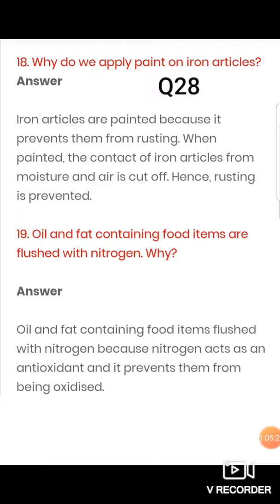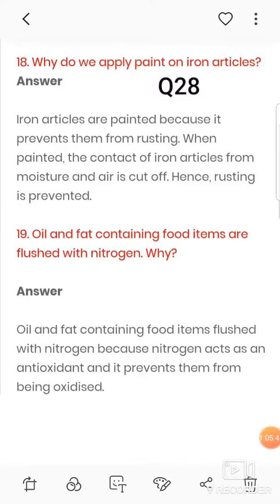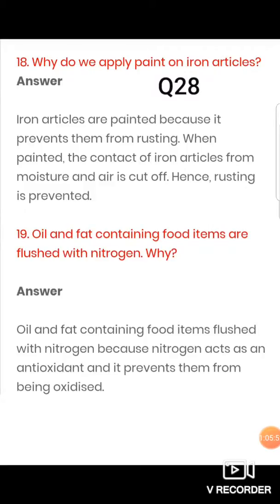As mentioned in rancidity, when the oil and fat containing foods are exposed and not kept in airtight containers, they start oxidizing and it's bad for health. So oil and fat containing food items are flushed with nitrogen because nitrogen acts as an antioxidant and it prevents them from being oxidized.